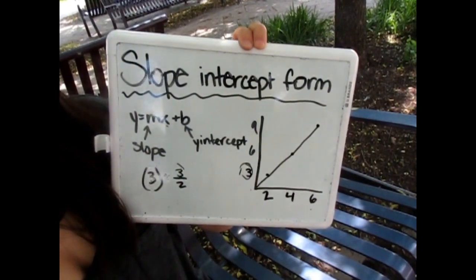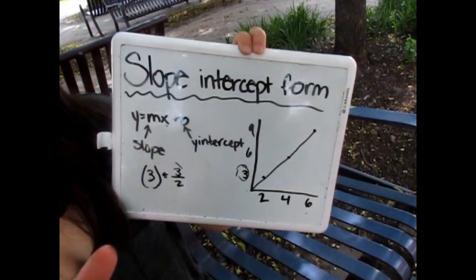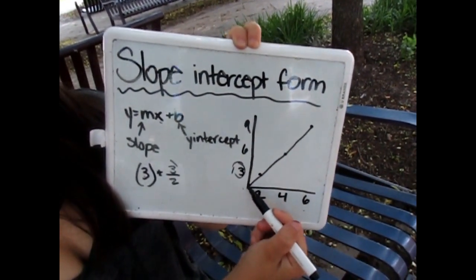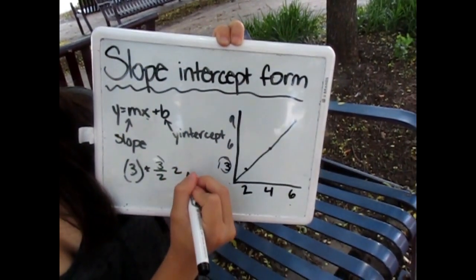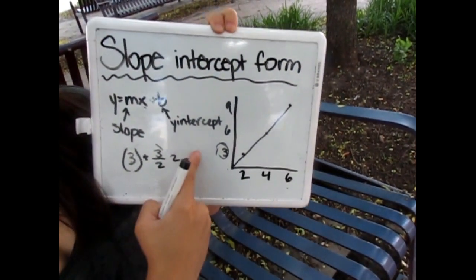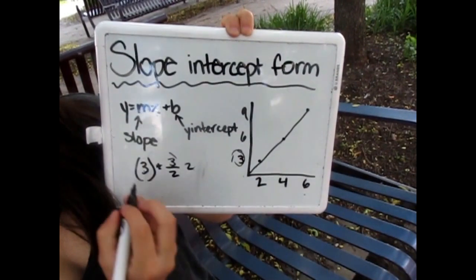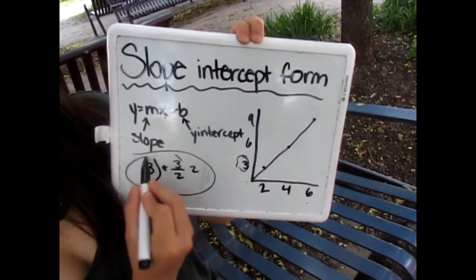Since the y-intercept is 0, we don't need to add anything. But if anything, this would be the slope-intercept form for this graph.